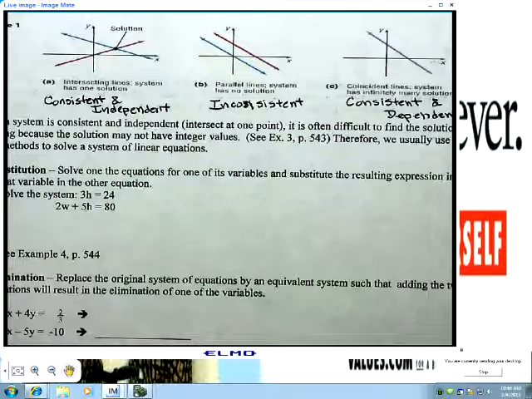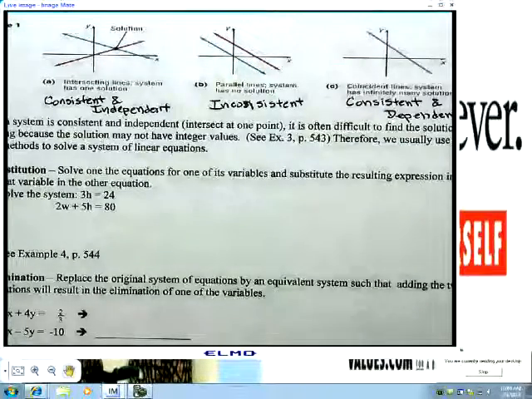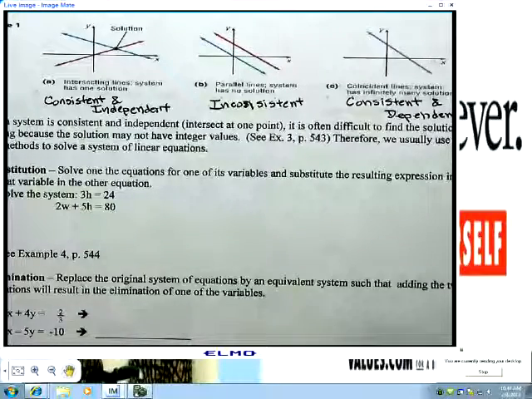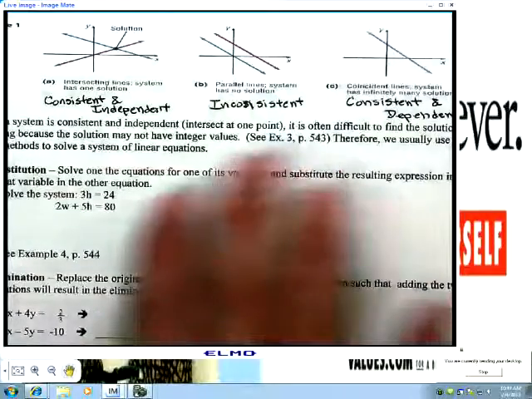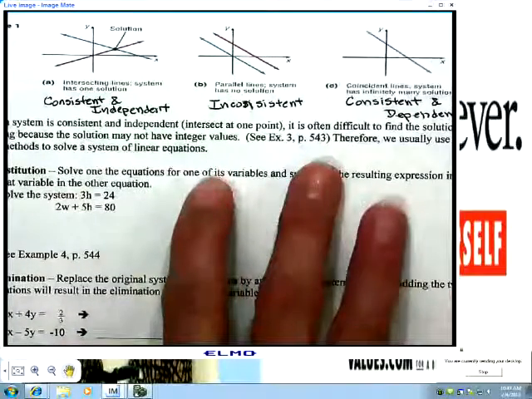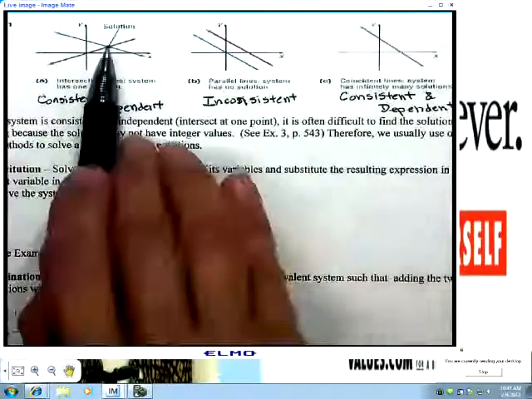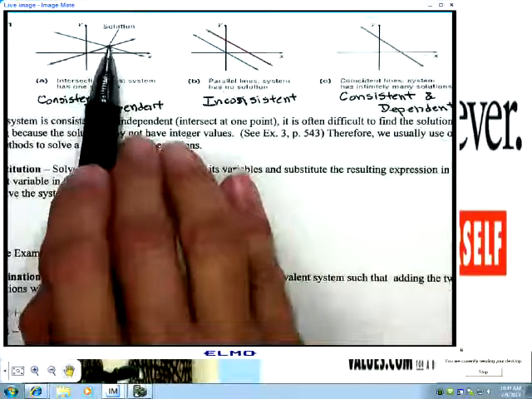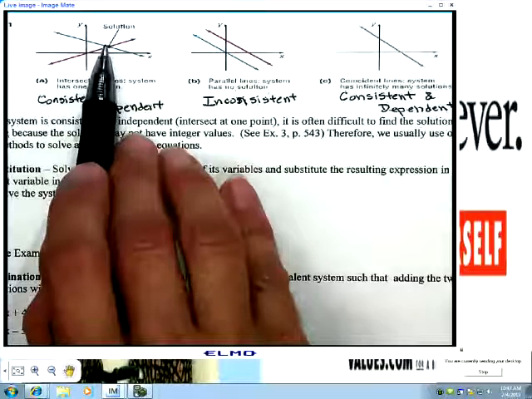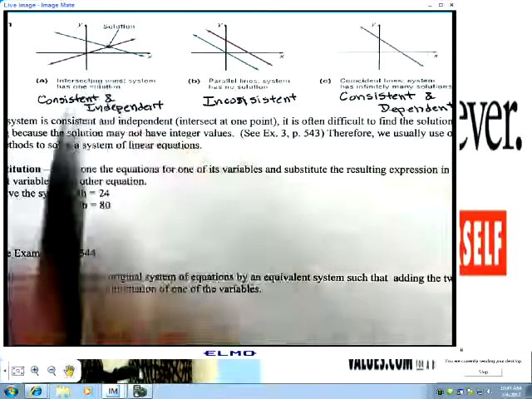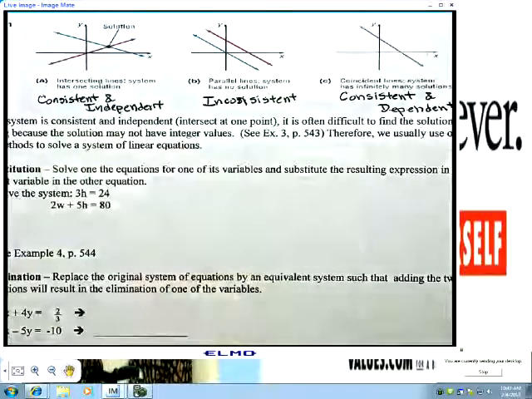All right, so there are three methods that can be used to solve a system. One is by graphing and looking at the graph. The hard thing about that method, though, is identifying if there's one solution, identifying exactly what that point is. What if that point had fractional coordinates? What if that was the point 1/3, 1/2?